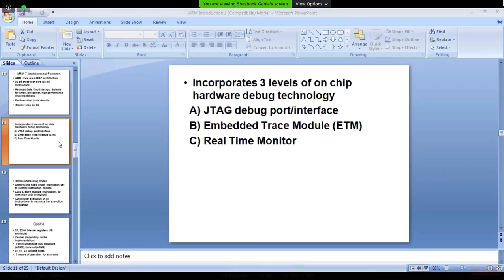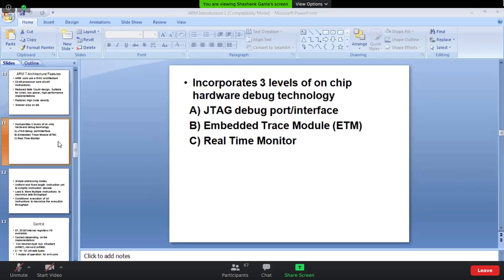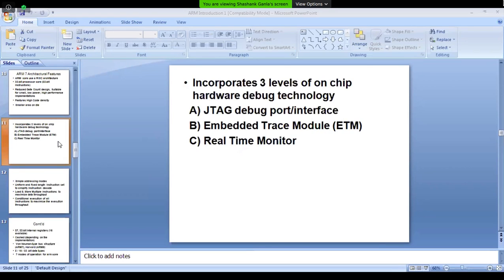JTAG is a kind of serial communication protocol available on the ARM core, whereby users can carry out debugging operations with respect to the ARM core. By debugging operations, I mean, for example, single-step debugging, debugging based on breakpoints, viewing or changing the content of registers, viewing or changing the content of memory, ROM or RAM, or changing the instructions of a code section.